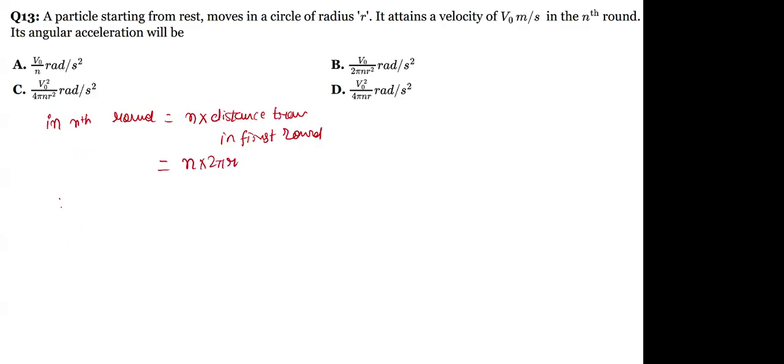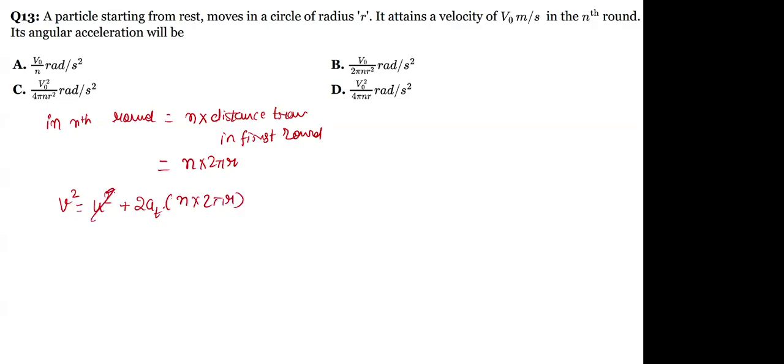So we can say that v square is equal to u square plus 2 times the tangential acceleration multiplied by the distance traveled, which is n into 2 pi r.